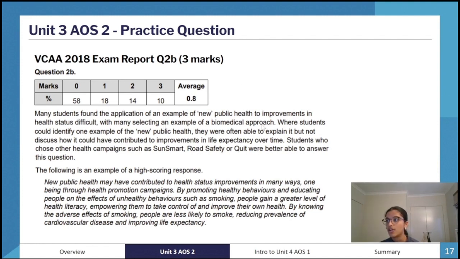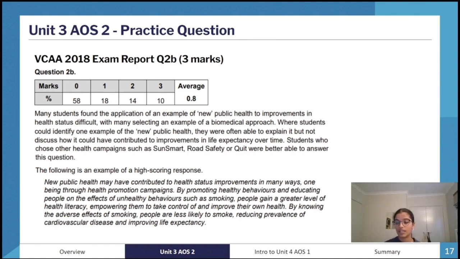People who chose a health campaign like SunSmart, Road Safety, or Quit Victoria were able to answer this question better than if you just rambled on about new public health improving health. You need to be really specific in your answer because HHD is all about specificity, conciseness, and formality.